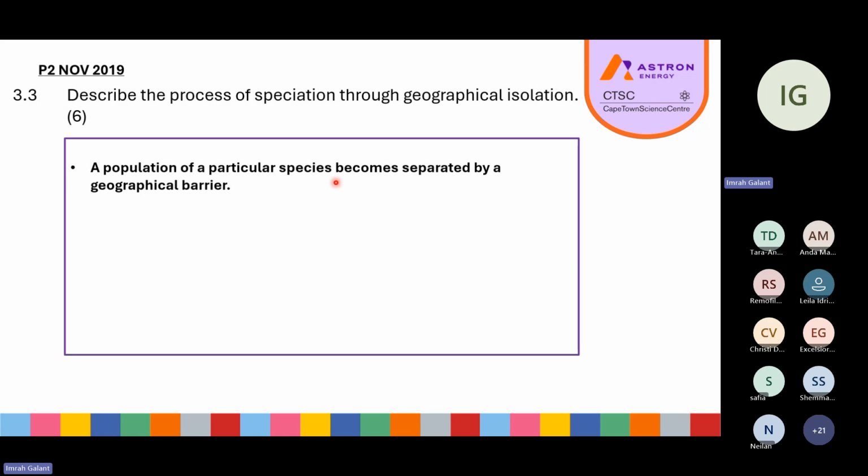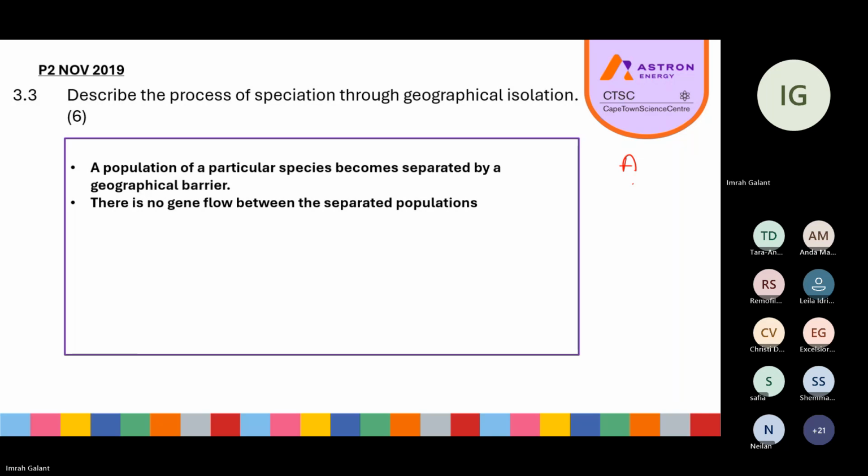So it reads, a population of a particular species becomes separated by a geographical barrier. So species A, species B. That happens so that there is no gene flow between the two separate populations.